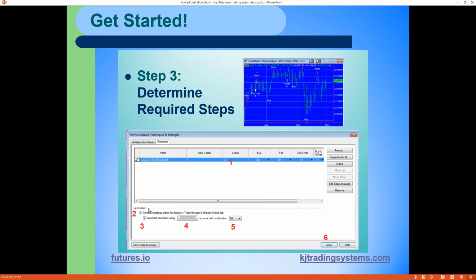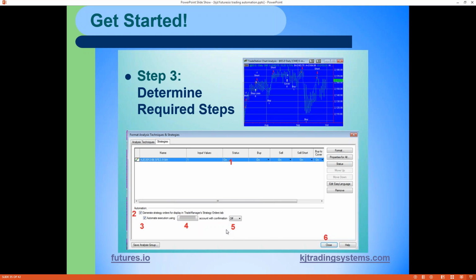Okay, so now you've picked the platform, you watched some videos and read the information, and you've determined, hey, this can do what I want. Then you just have to figure out the actual steps in your software. With TradeStation, it's basically a 6-step, 6 little clicks. You turn the strategy on, you check mark to generate orders, you check mark automate execution, you select your account number, you turn the confirmation on or off, and then you hit close.